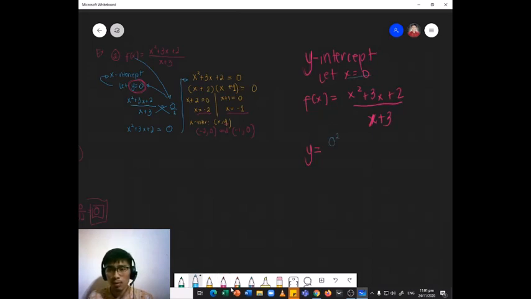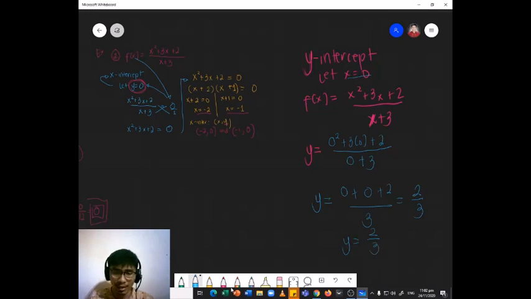It will become 0 squared plus 3 times 0 plus 2 all over 0 plus 3. And you simplify. 0 squared is 0, plus 3 times 0 is 0, plus 2. And 0 plus 3 is 3. So simplifying, 0 plus 0 plus 2 over 3. Therefore, y is equal to 2 over 3.